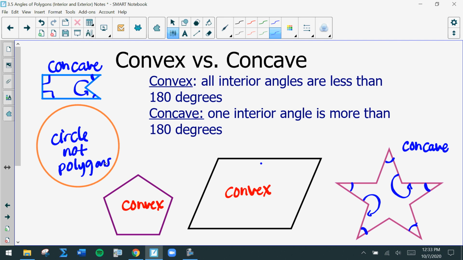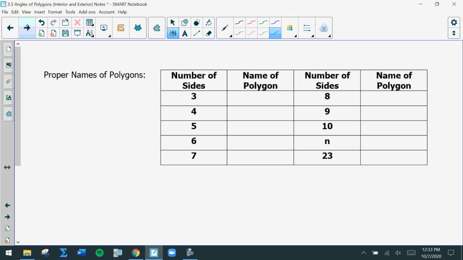There are no segments on a circle. There are no endpoints and no actual segments that we can measure since it is rounded. So we're going to look primarily at convex polygons as we go throughout this unit.